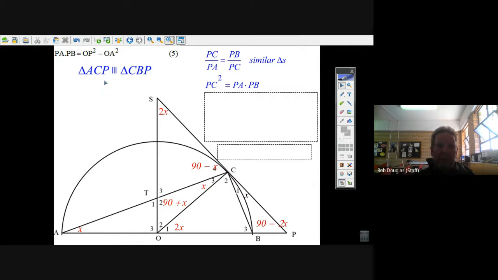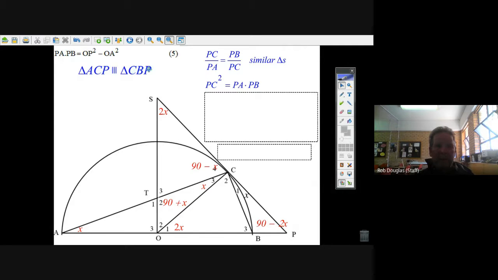Oh, look at this. This PC here goes with PA here. If two triangles are similar, their sides are proportional. So PC goes with PA. But hey, PB goes with PC here. Okay, we've got that.